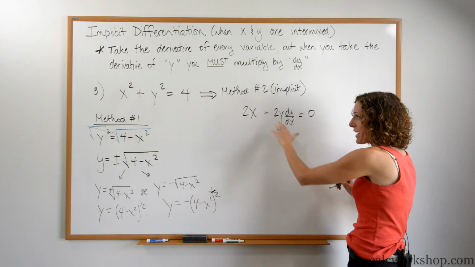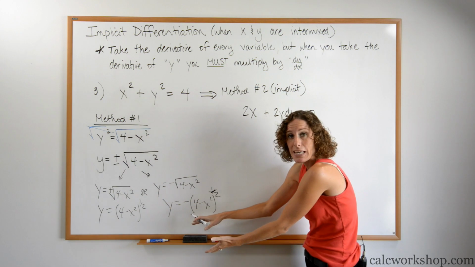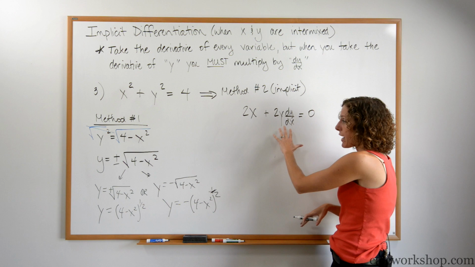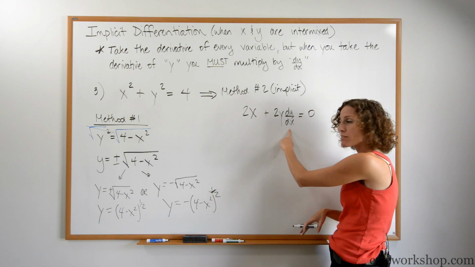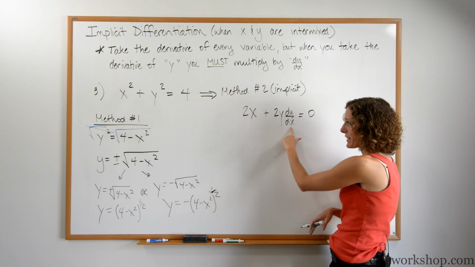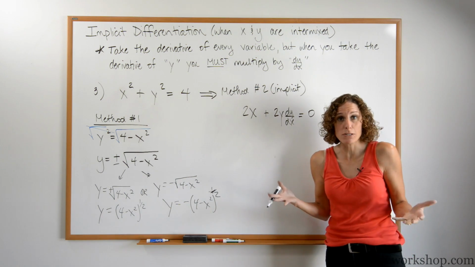So far, I've now actually taken a derivative. In method number 1, I haven't even begun to take a derivative, and I've got to do way more work. So, am I done? No, you have to isolate the dy dx. That's not going to take us very long. The first thing I'm going to do to get dy dx by itself, because that's the whole point of these problems, is to find the slope, the derivative.